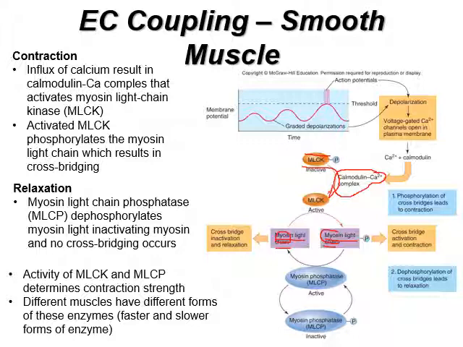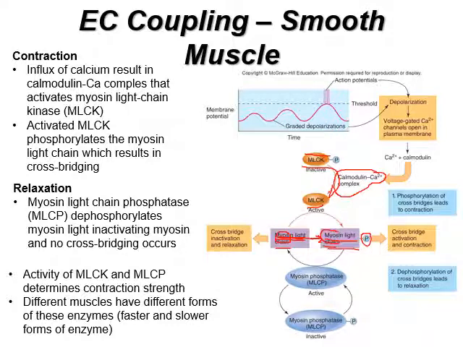So it's going to phosphorylate the myosin light chain. Now it is active and it's going to go phosphorylate this myosin light chain. Now we have that phosphate. This is going from here to here. We get that phosphate, and now we can get cross bridging.